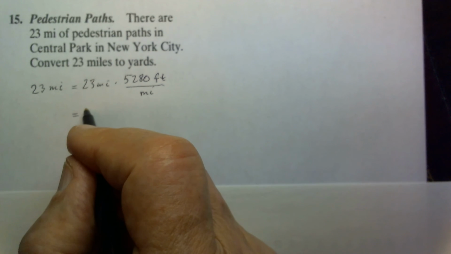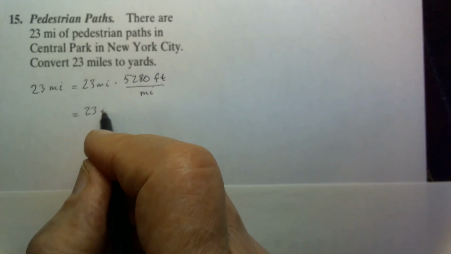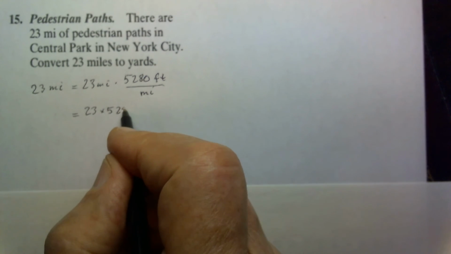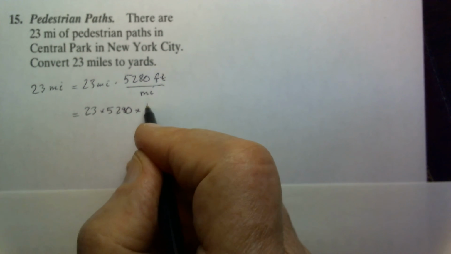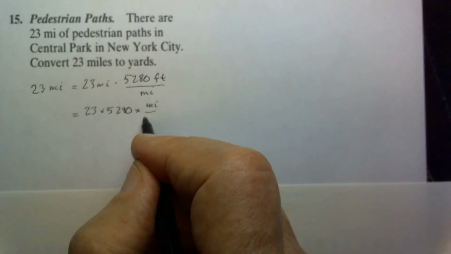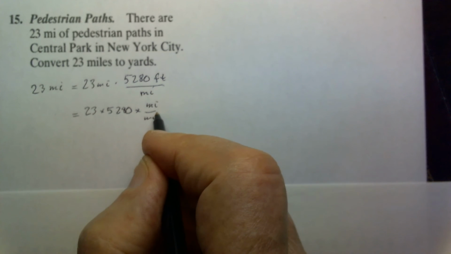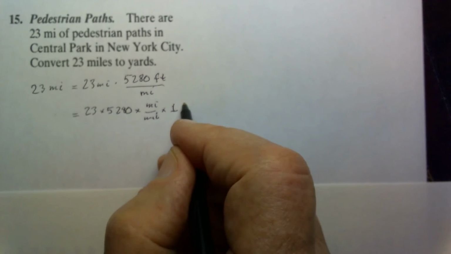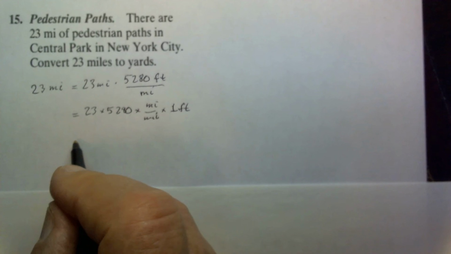This then becomes 23 times 5,280, times miles divided by miles, times 1 foot.